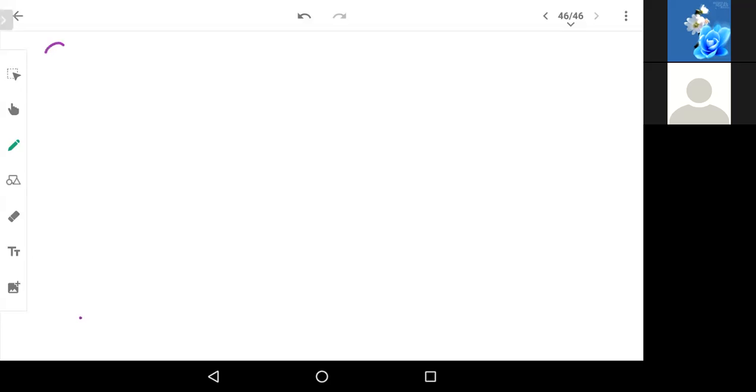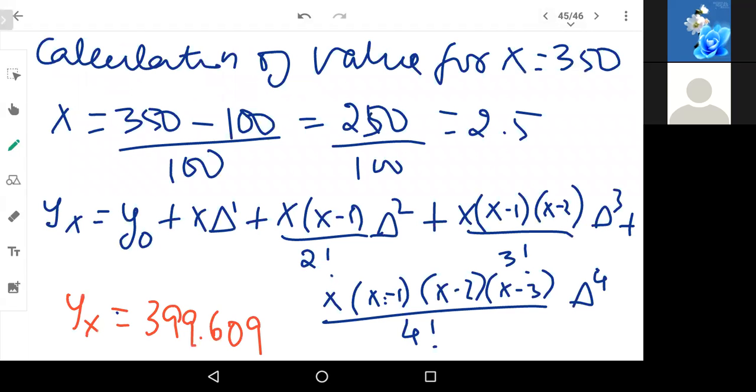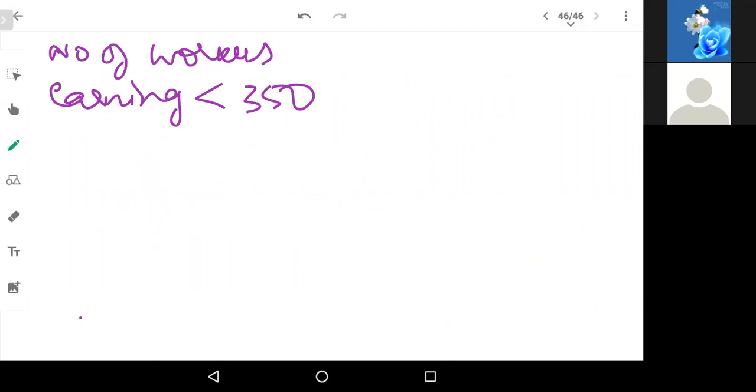So the calculation that you are supposed to do here at the end is number of workers earning less than 350. Less than 350 is the second value that we found out. This one. Okay, what is the value? 399.609.